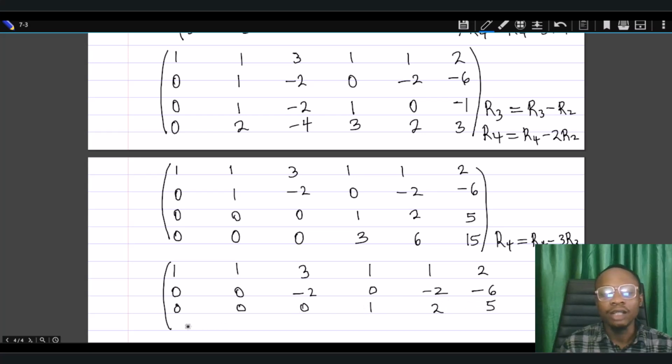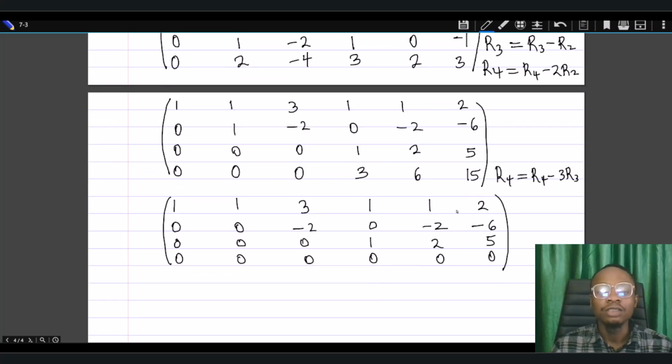Then on the last row we have 0 0 0, because we're doing R4 minus 3R3. So 3 minus 3 multiplying 1, that is 0. 6 minus 3 multiplying 2, that is 0. 15 minus 3 multiplying 5, that is 0.